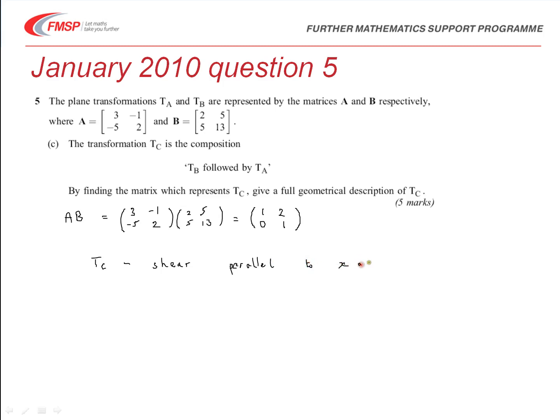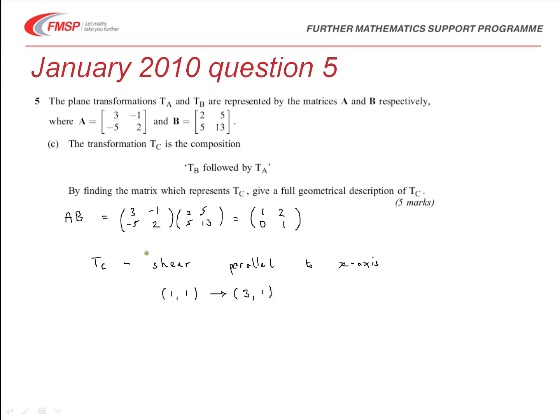Then the other key thing we've got to indicate is, if everything is moving parallel to the x-axis, we need to give at least the image of one point. Any point will do. So if we take the point 1, 1, for example, and multiply it by the matrix 1, 0, 2, 1, we're going to end up with that being mapped onto, transformed into the point, well, 1 times 1 and 1 times 2 gives us 3, and the 1 times the 0 and the 1 times the 1 is just giving us 1.